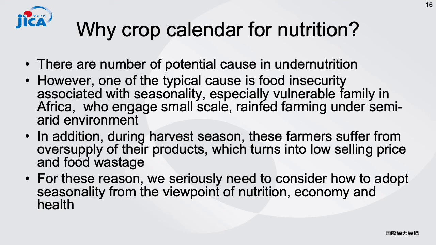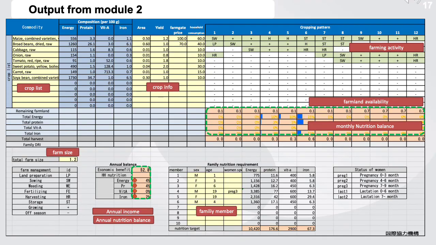So for those reasons, we need to carefully design a crop calendar so that seasonal availability or seasonal unavailability can be mitigated. This is a nutrition-sensitive crop calendar.